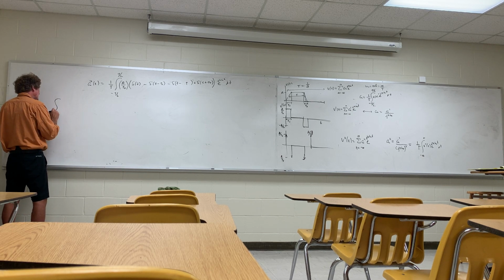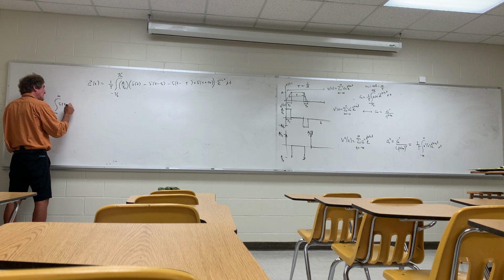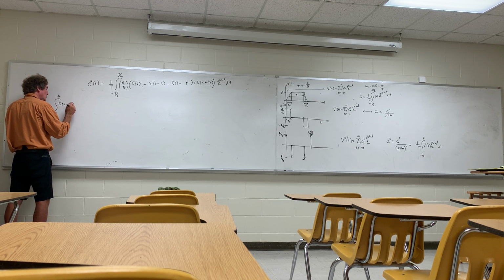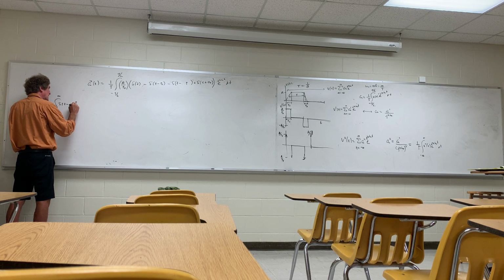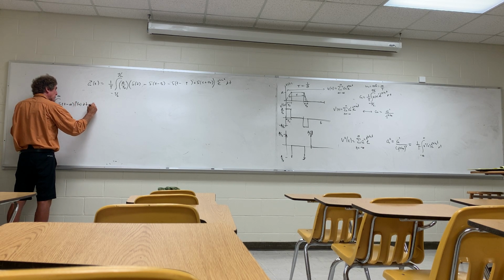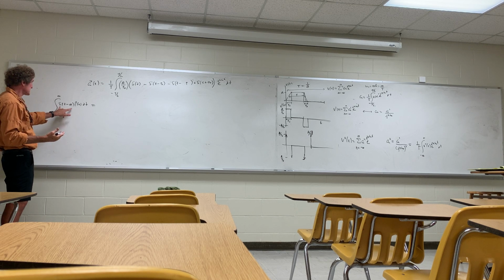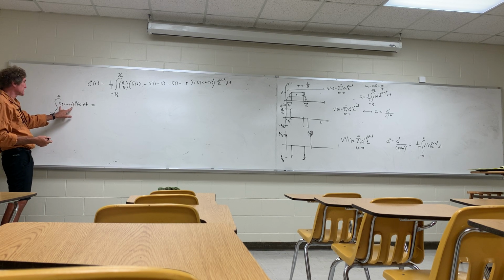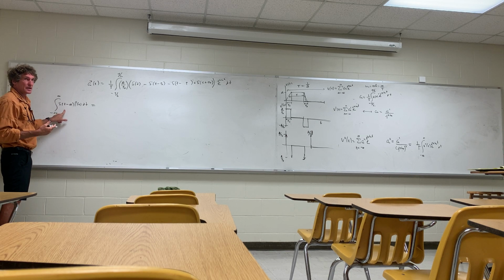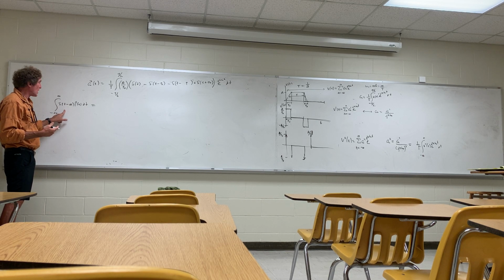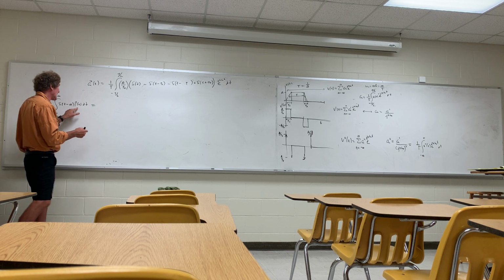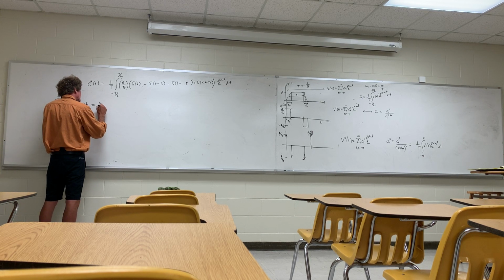If you integrate a delta function, delta of t minus any constant a, times f of t dt, what that actually does is this thing never has a value other than 0 until t is exactly equal to a. Y'all follow me? At that point, the integration of the delta function has a magnitude of 1. This is just evaluated at the point a. So this is simply f of a.